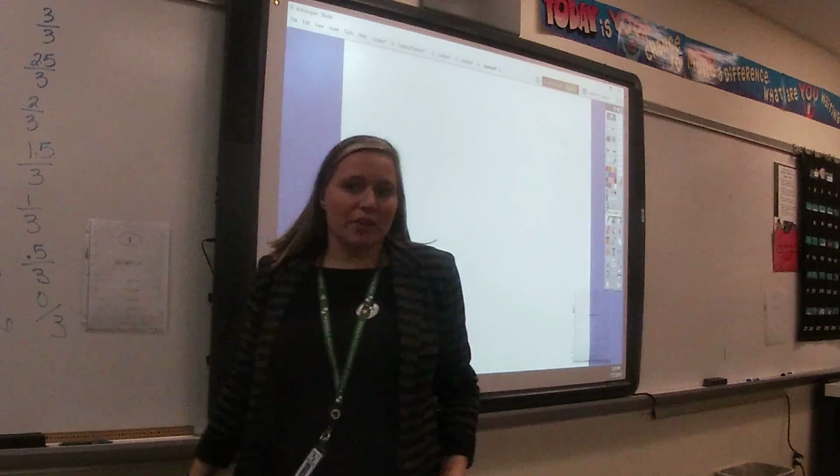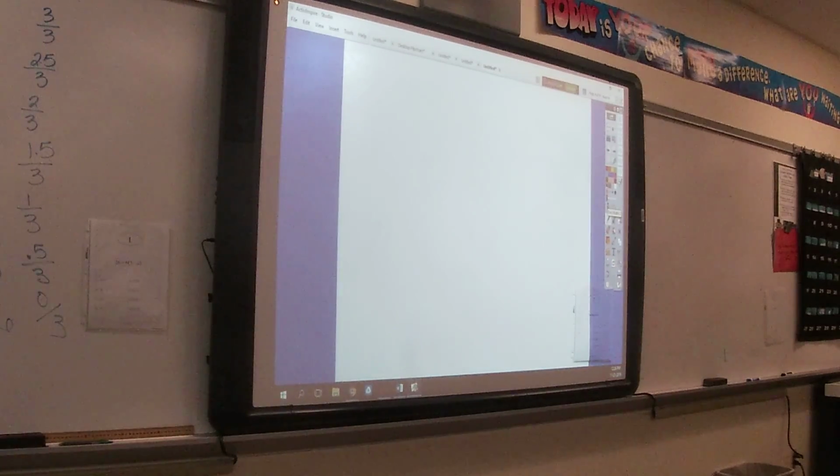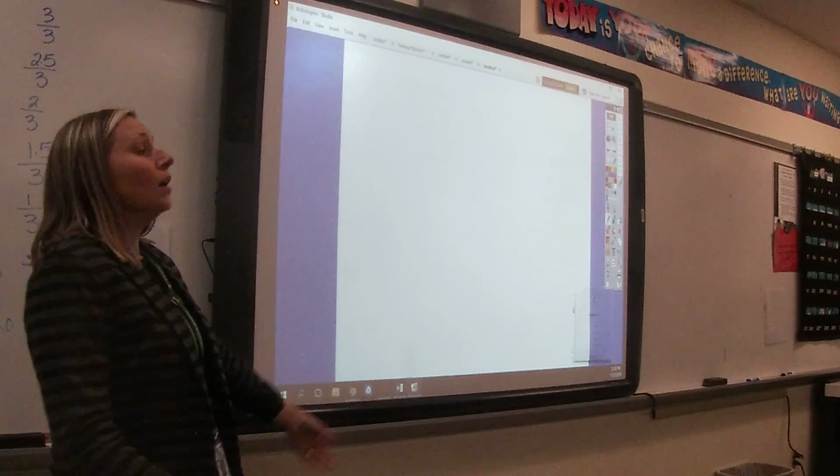Okay, so we can also solve inequalities just like we solve equations. And that really is the real rule. It's the same. You solve equations and inequalities exactly the same.